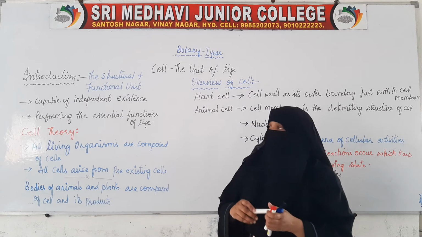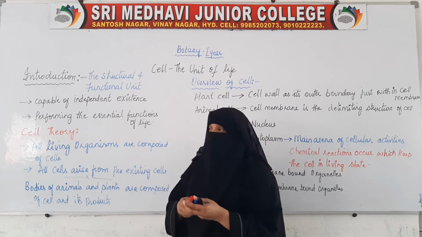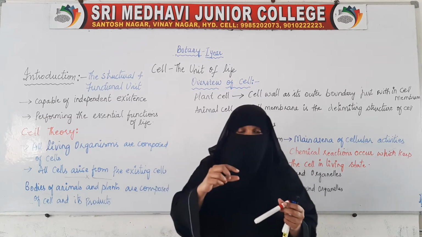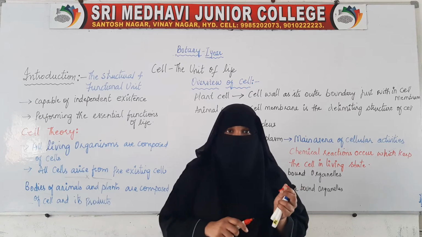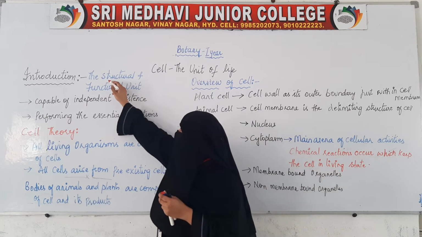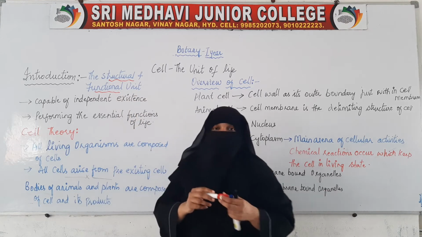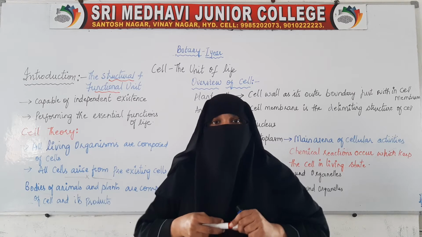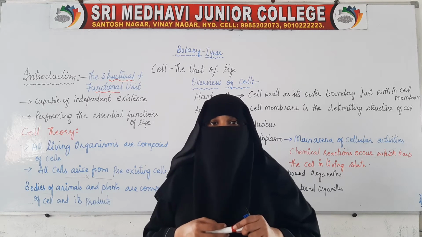Organisms are said to be living when the organism has cells. So what is a cell? The cell is the basic structural and functional unit of a living organism. Without cells, living organisms cannot exist.